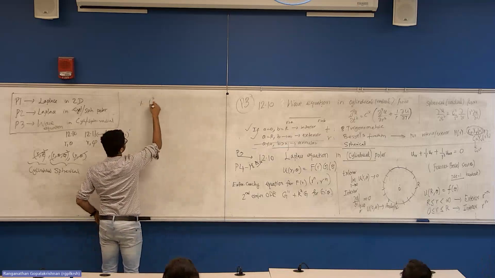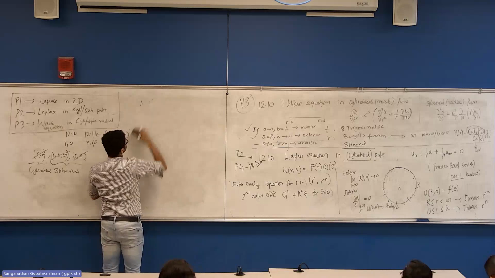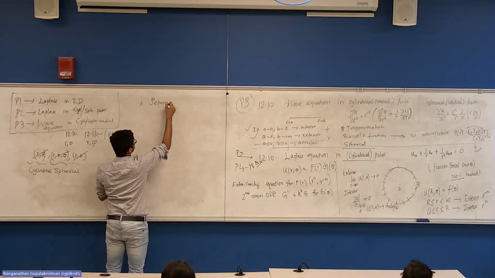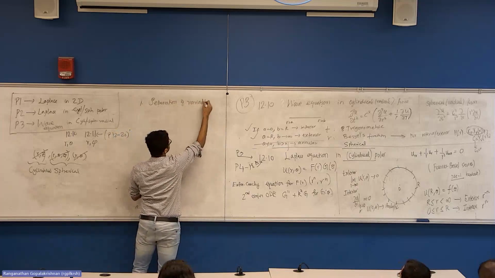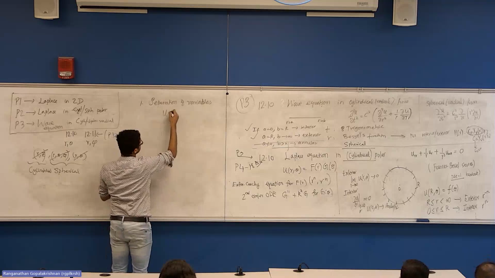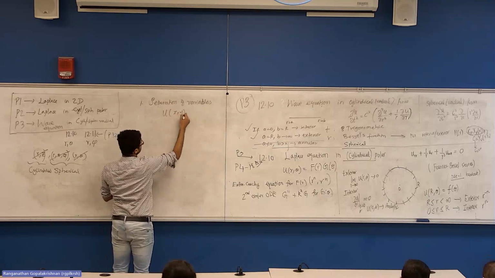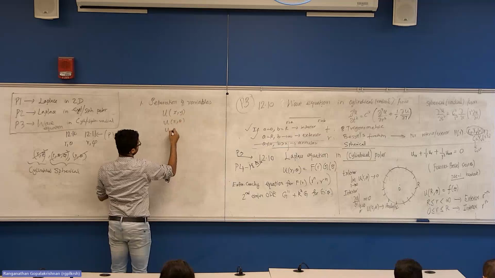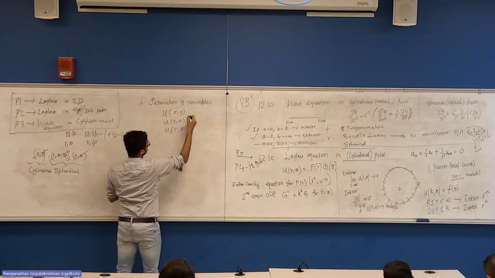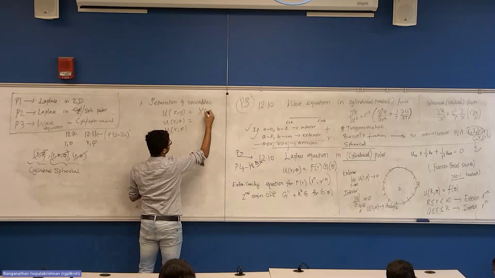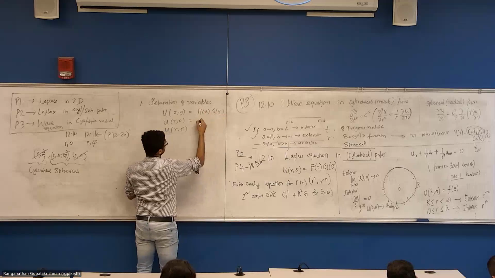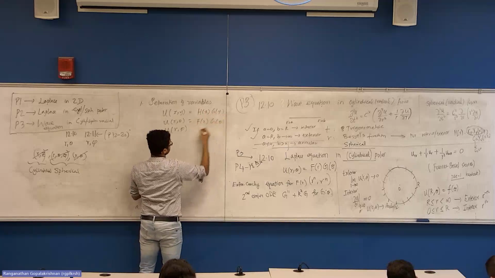Step 1, you want to start with the idea of separation of variables, and state your function u, which could be of x and y, or r and theta, or r and phi, and write it as a product of 2 functions, say like h of x, g of y, f of r, g of theta, h of r, w of theta, or something.